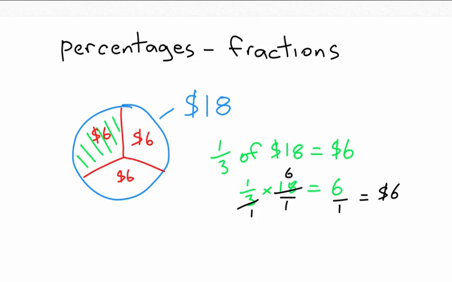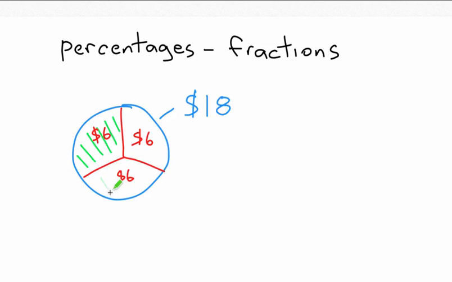That's how it works. Now, what if we were really interested in 2/3 of the total? In this case, 2/3 of 18. Well then, we would write that as 2 out of 3, because we're looking at 2 parts out of the 3 parts. 2/3 of 18, just using logic, is clearly going to be 6 plus 6 is 12. $12.